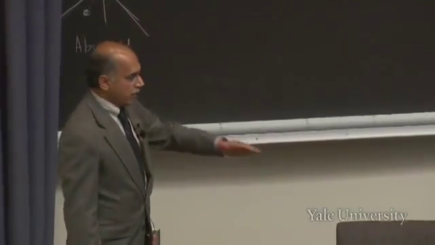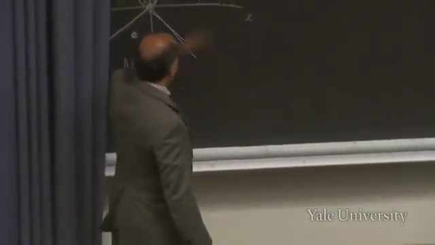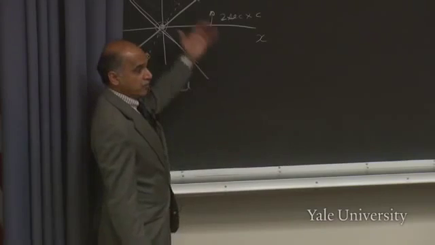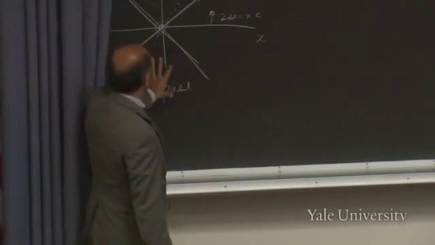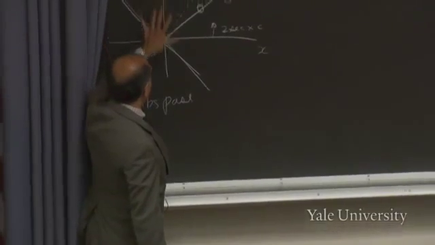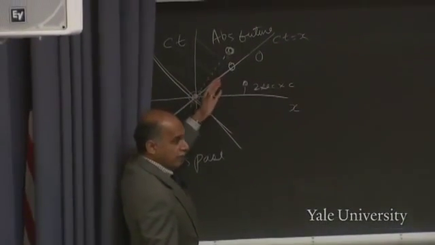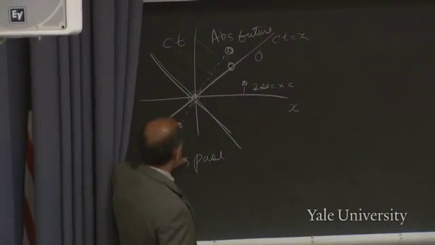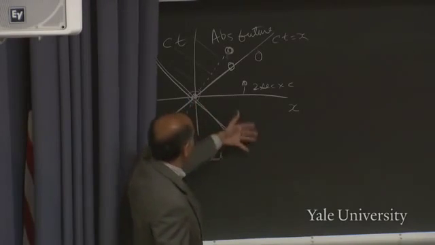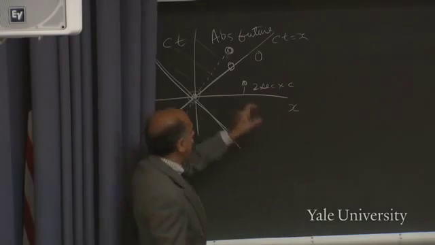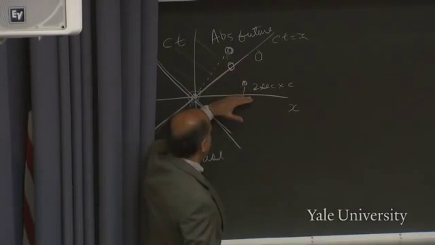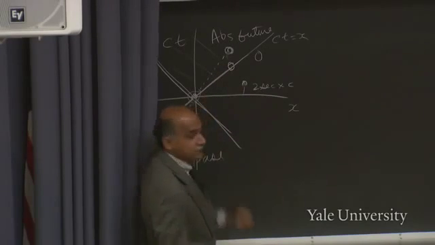So space and time, it used to be divided into upper half plane and lower half plane, into future and past, and a tiny sliver called present, now divided into three regions: the absolute future that you can affect, the absolute past whose events can affect you, and this doesn't have a name. If you want, you can call it the relative future according to you, but I'll find somebody to whom that occurs before this one.